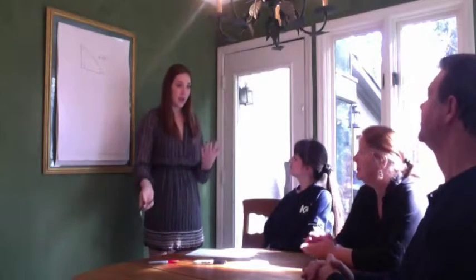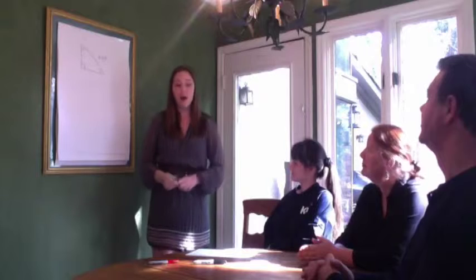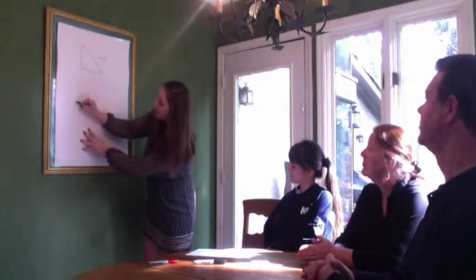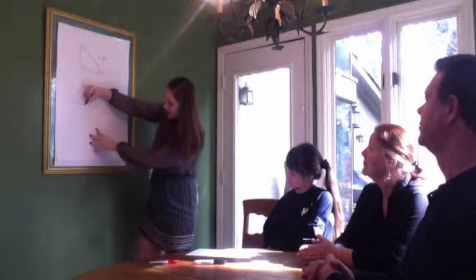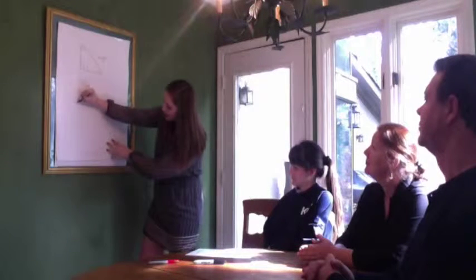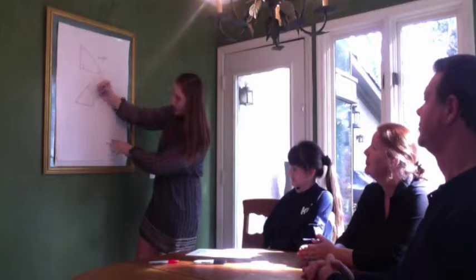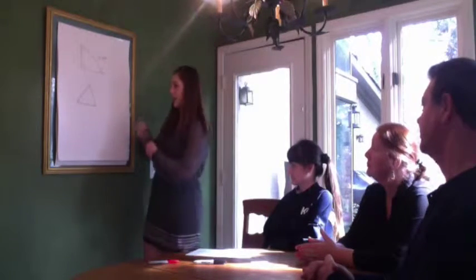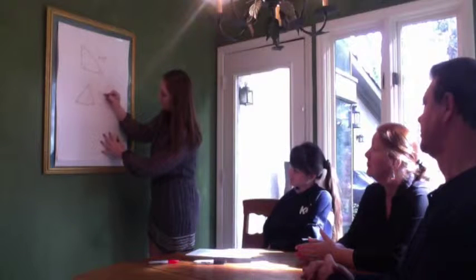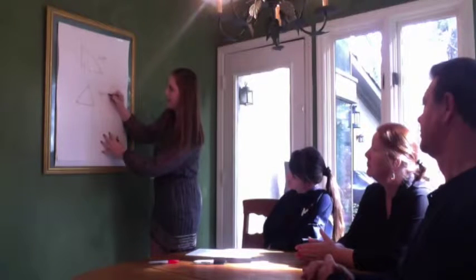So the next triangle we'll talk about is the equilateral triangle. An equilateral triangle has 3 sides and 3 angles that are all equal. So the 3 angles are equal to each other, and the 3 sides are equal to each other. And this is the equilateral.